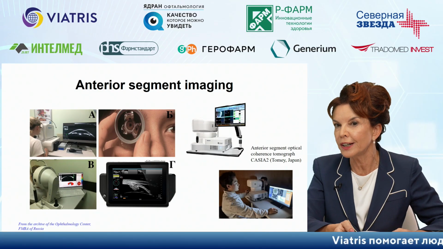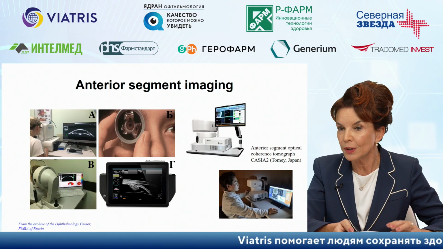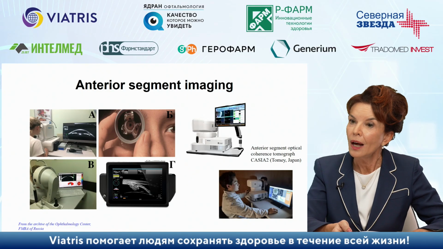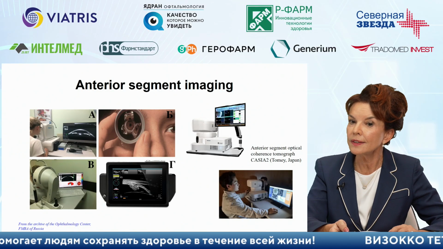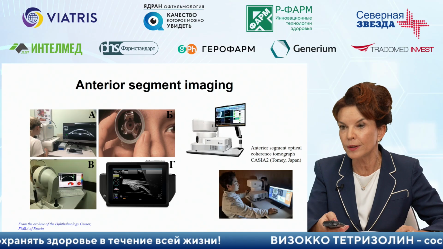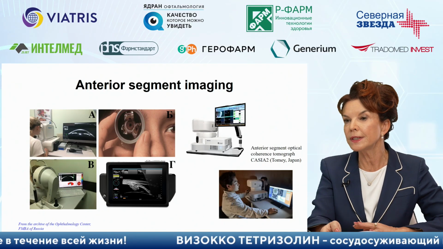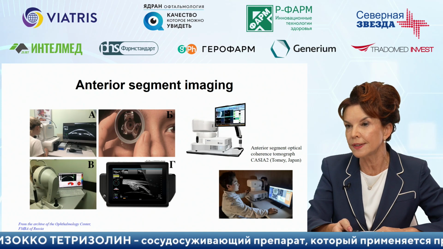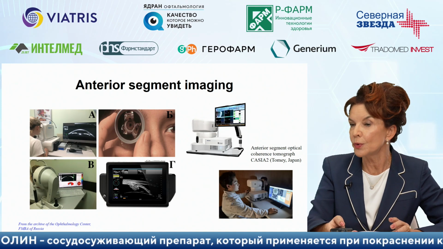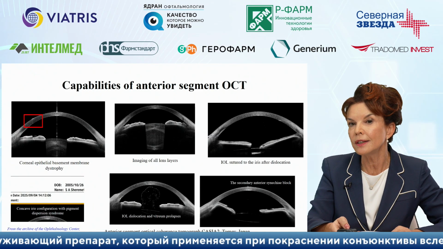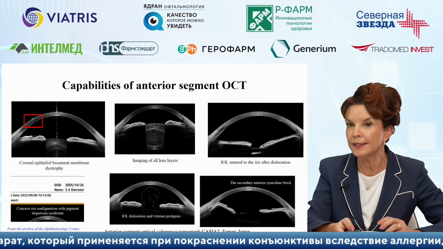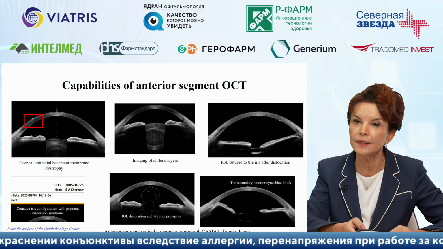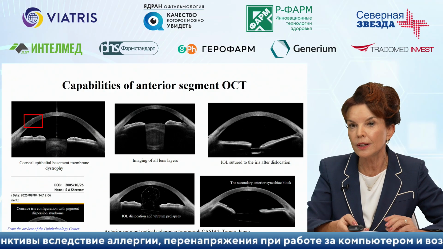Well, you know that ultrasound is also quite rare, unfortunately, in this case, but OCT of the anterior segment is used more and more in clinical practice. And here I would like to show you the camera called the Cassia 2, a Japanese-manufactured camera that allows us to achieve a high level of imaging of the tissue of the anterior segment.